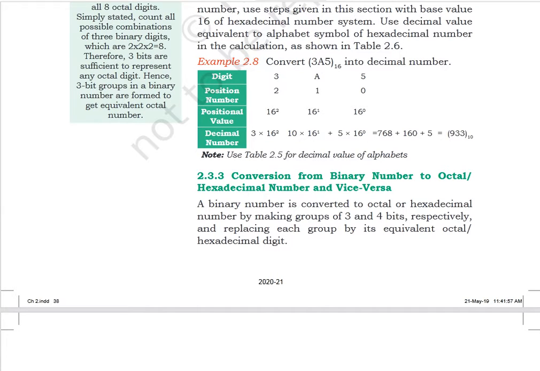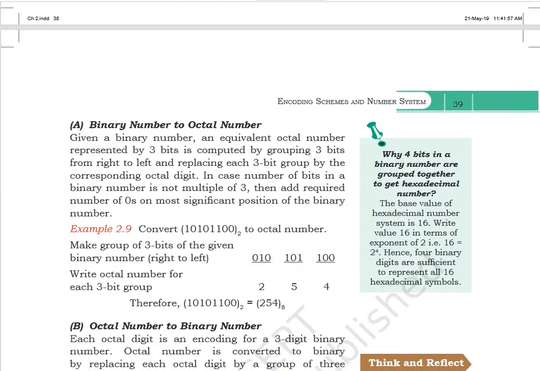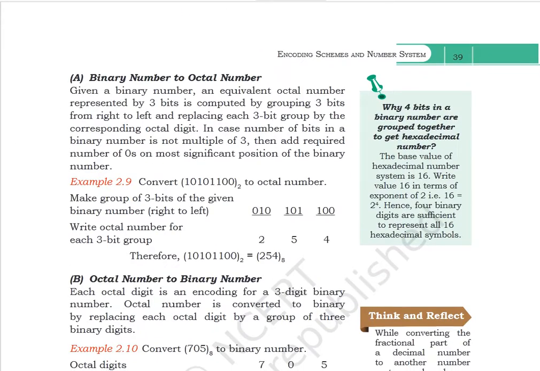Conversion from binary number to octal and hexadecimal number by grouping of 3 and 4 bits respectively. First of all, we will convert binary number to the respective octal number. Now see, what is the meaning of grouping of 3 bits? It applies when you are given some number.